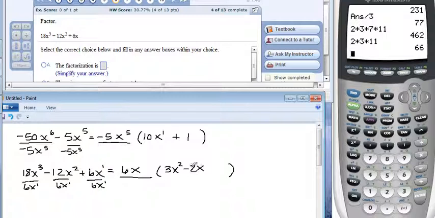And I've got a positive, so it's plus 1. Don't forget that last term. Don't just disregard it because it's gone. And then again, redistribute. Check. Do I have the same thing that I started out with? Here's my 18x cubed. Here's my negative 12x squared. Here's my 6x. Okay, so it doesn't matter how many terms you have here.